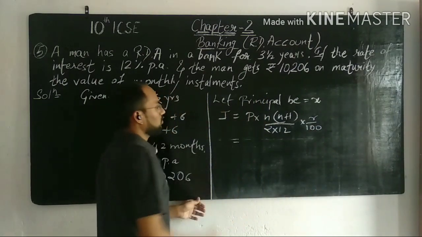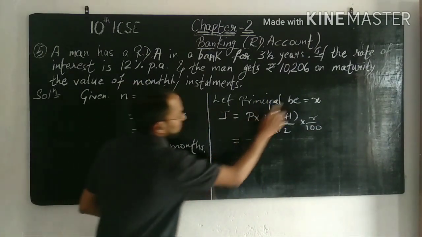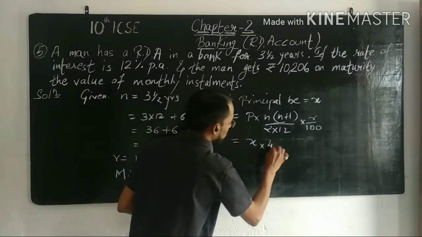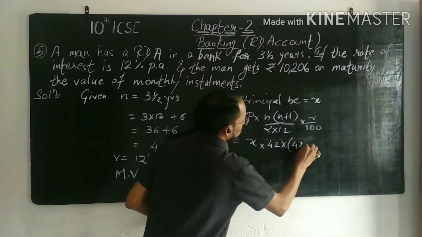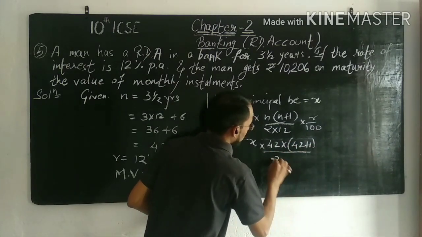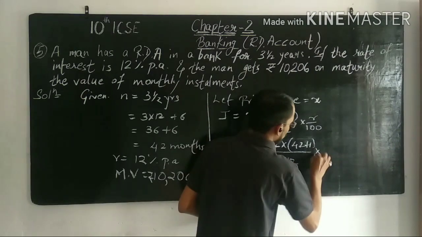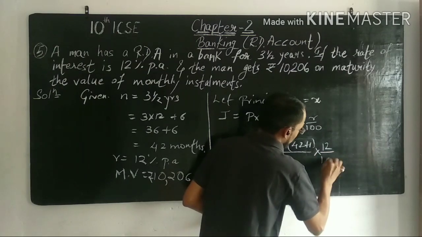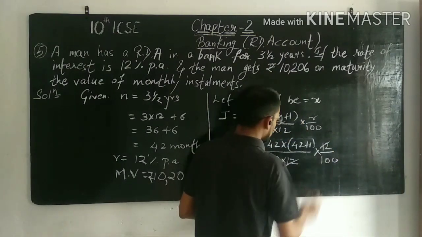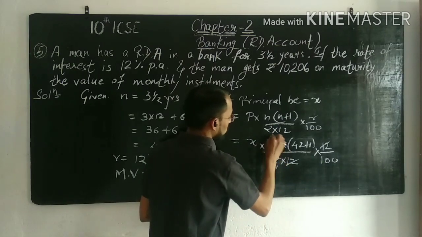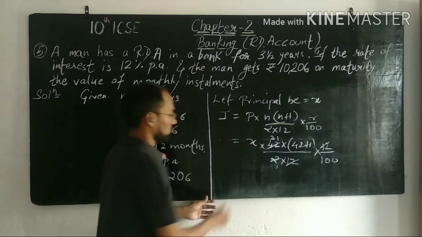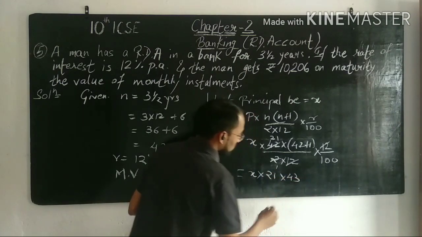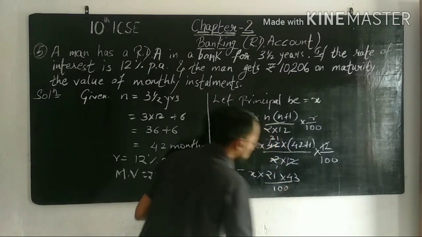On putting the values, we have x into 42 into 42 plus 1 divided by 2 into 12 into, here R is 12, so we will write 12 upon 100. This 12 cancels out this 12, and this 2 cancels out 2 and 1. So x into 21 into 43 upon 100.